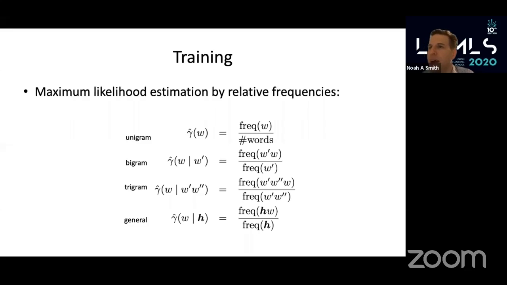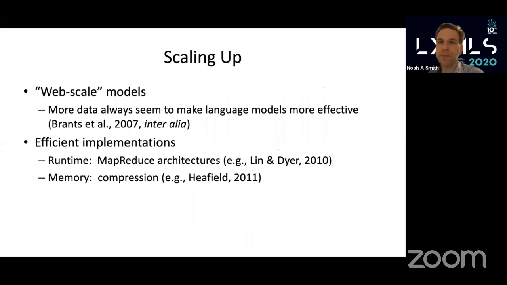That's usually accomplished by either adding something to the numerators and denominators, or discounting, which is subtracting something from the positive numerators and then somehow redistributing that reserved probability mass across the things that have a count of 0. This is an advanced topic that isn't particularly important given what we use in today's NLP systems, but I'll point you to a textbook to learn more about smoothing and alternatives to maximum likelihood estimation.